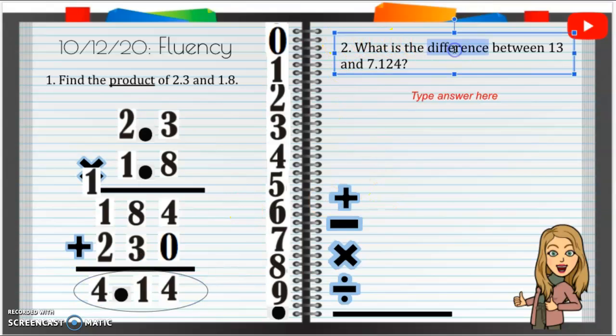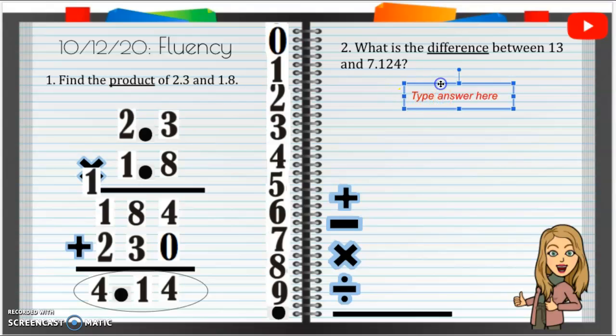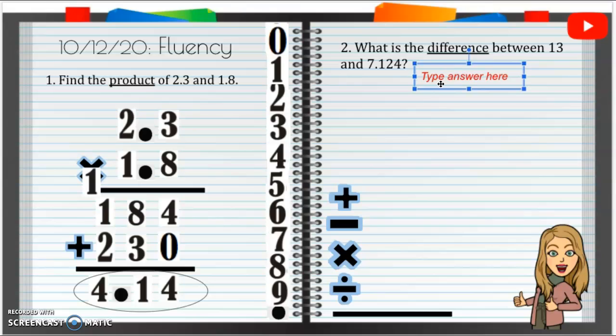What is the difference between 13 and 7 and 124 thousandths? All right, well, what is the difference? Oh yeah, subtracting. Woohoo! But now, what do we do with those decimals?